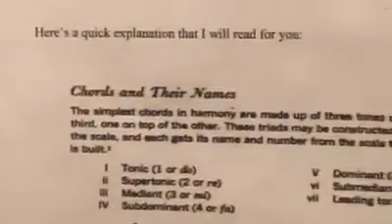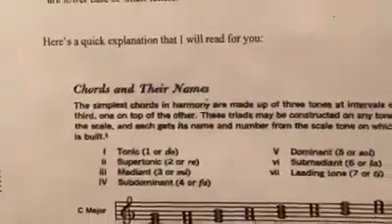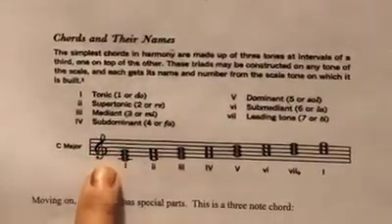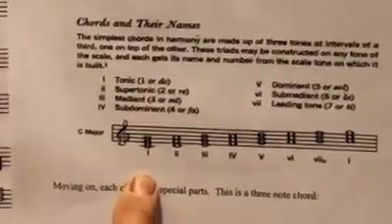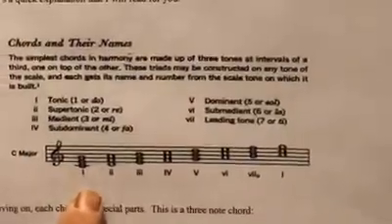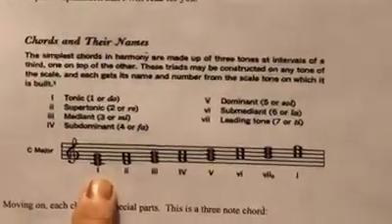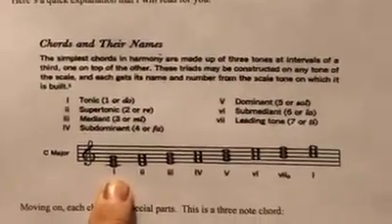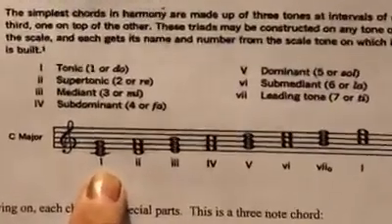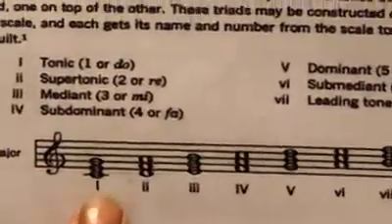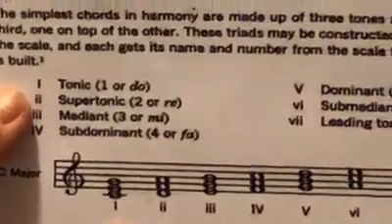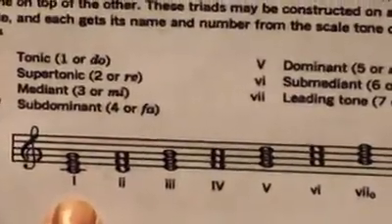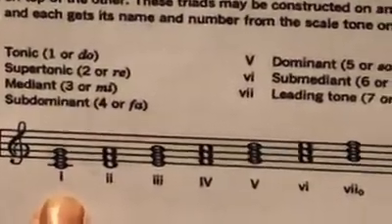Chords in their names. The simplest chords in harmony are made up of 3 notes at intervals of a third, one on top of the other. These triads may be constructed on any tone of the scale, and each gets its name and number from the scale tone on which it is built. Let's look at the first one. Number 1, tonic, the first chord of the scale, or do.